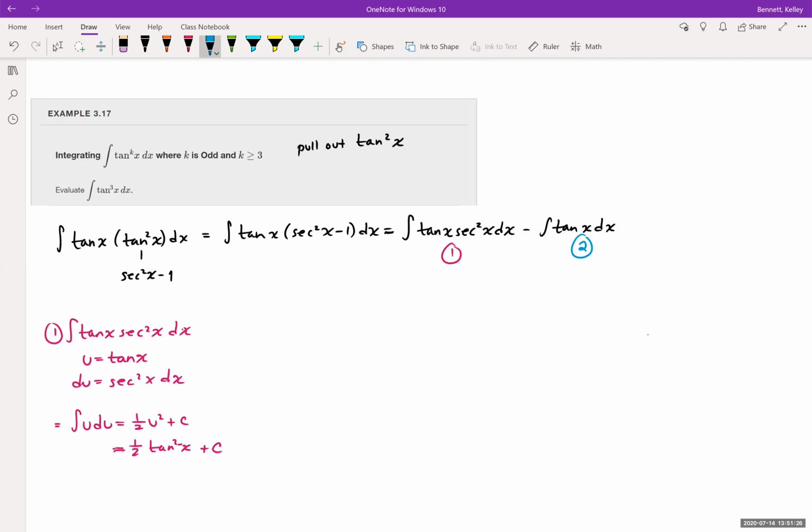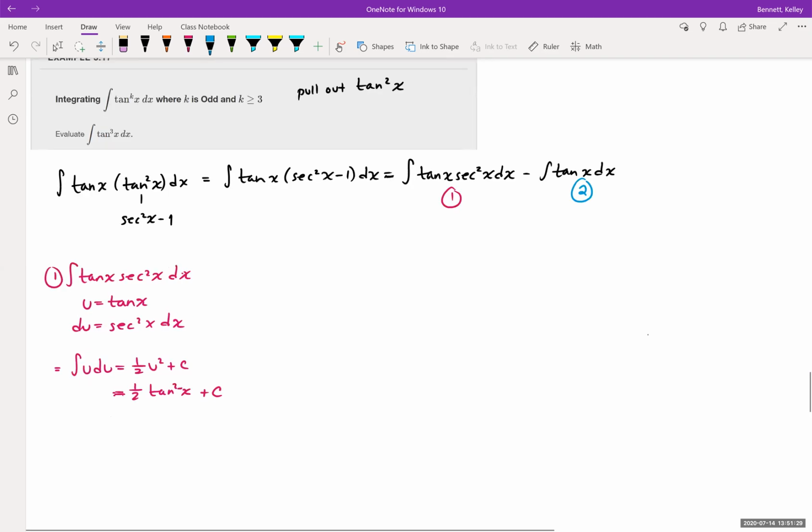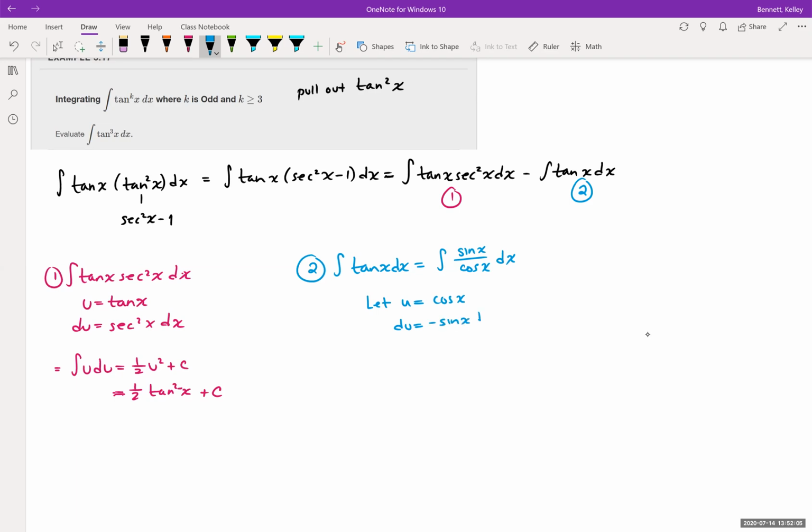Then for the second guy, you may be familiar with this from Cal 1. It ends up being the natural log of secant of x. The way that you can do that is if you have, let's see, just tan x by itself. So we know that tan is sine over cosine. So if I were to let u equal cosine of x, then du is going to equal negative sine x dx.